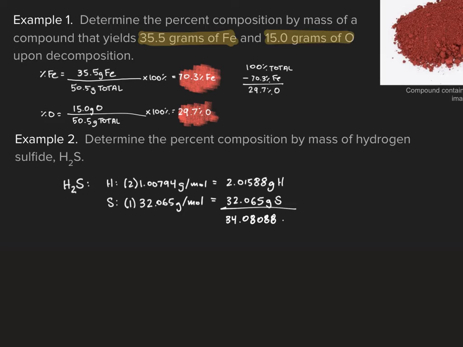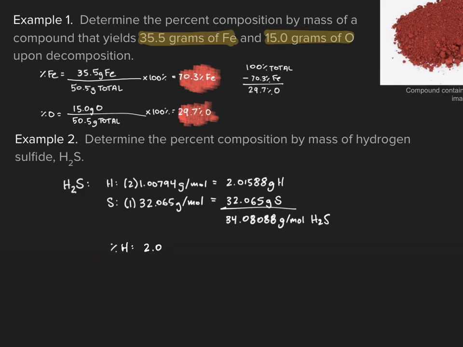So I know the overall molar mass of my hydrogen sulfide. Now I simply have to pull out each of those different components I used to calculate the molar mass to find the percent composition. So of that 34 or so grams of hydrogen sulfide that was comprising 1 mole, only 2.01588 grams of that were made up of hydrogen.